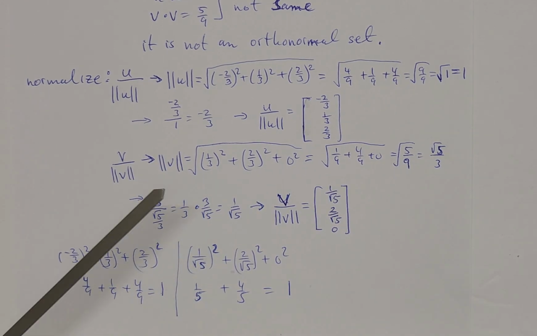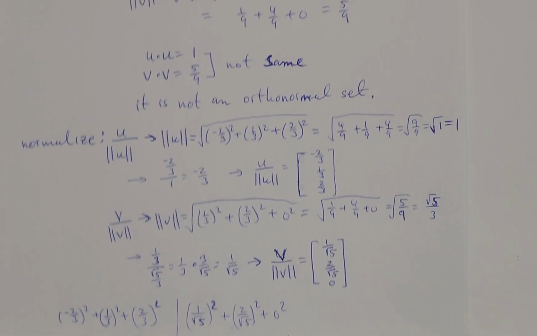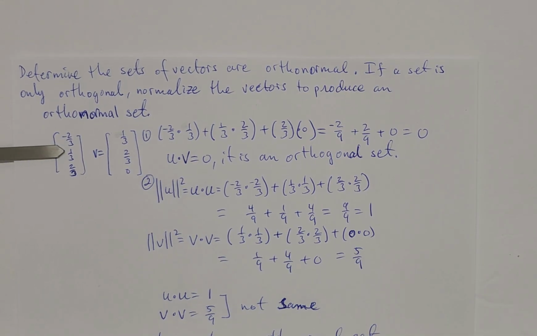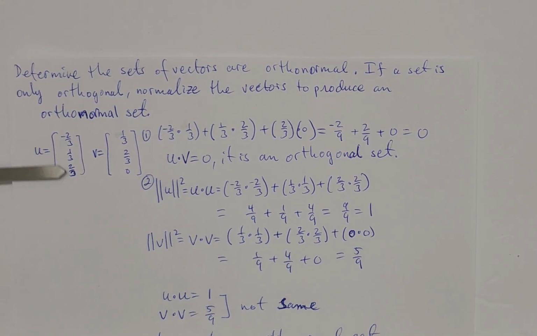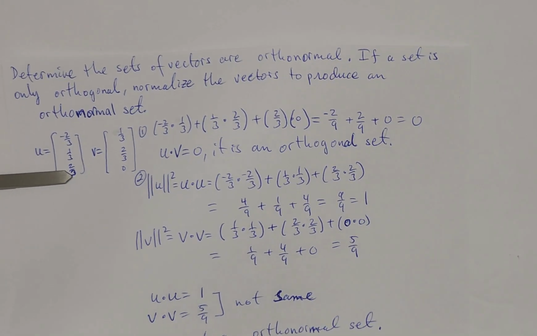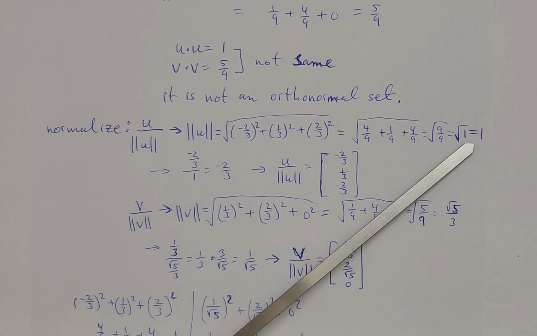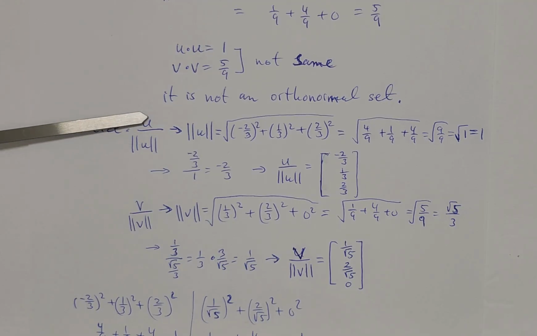Now take each of the terms from its vector. Take each of these terms and divide them by 1. And that's how it is written right here.